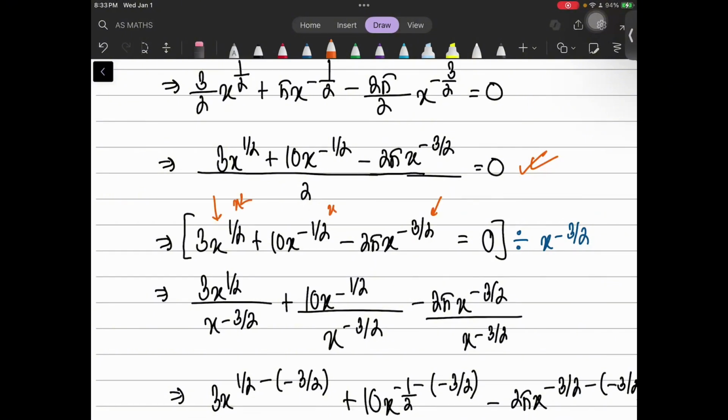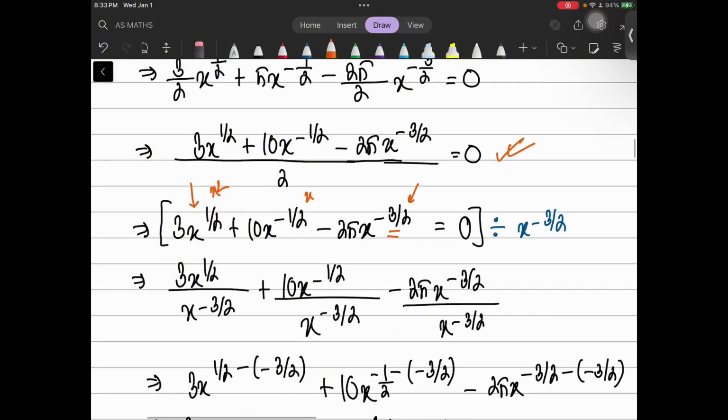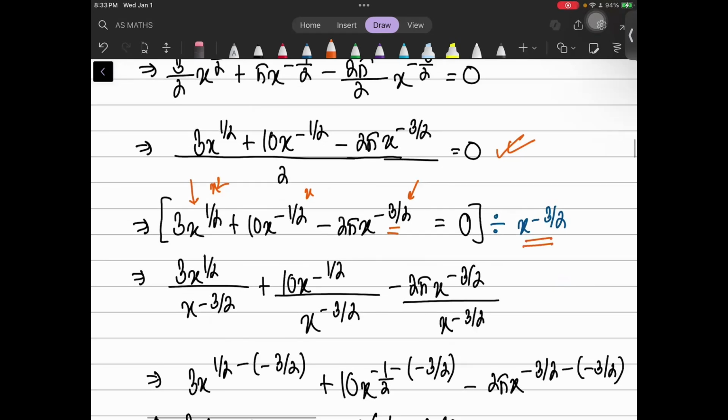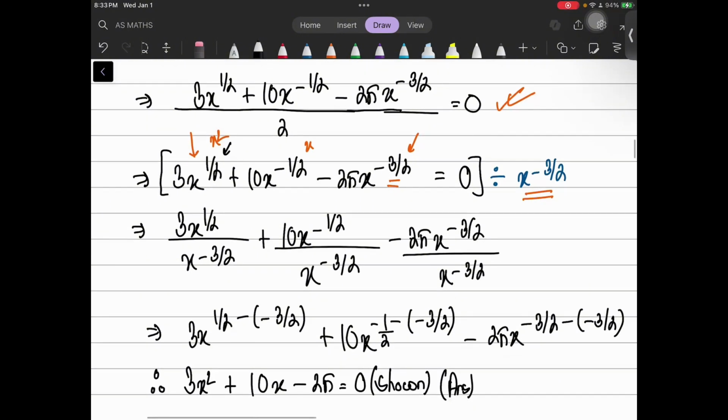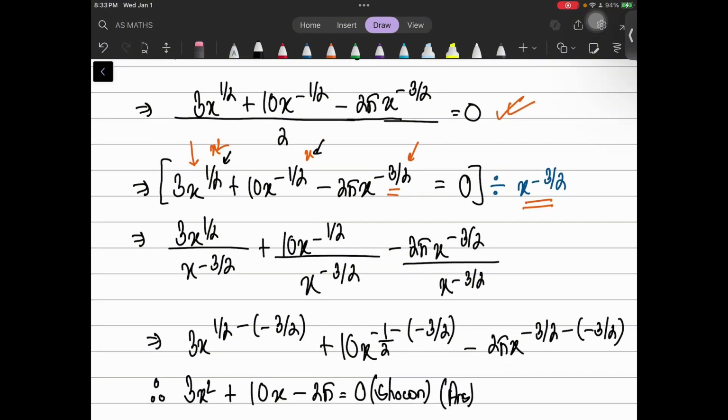So how do you get rid of this x? To get rid of this x, you have to divide by x to the power minus 3 by 2, to get a square over here, to get an x over here, and to get rid of this minus 3 by 2, right?